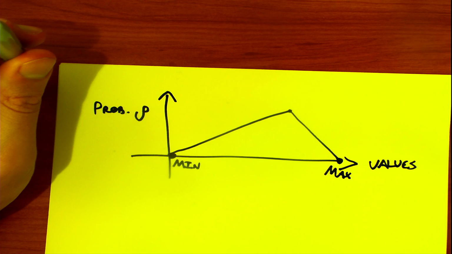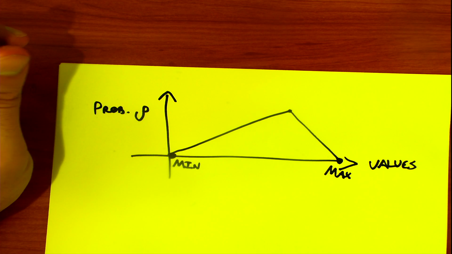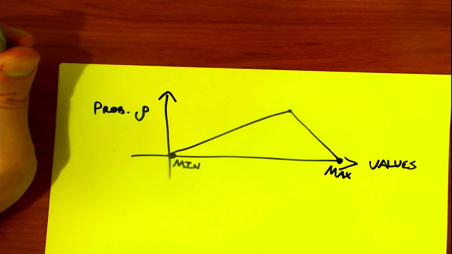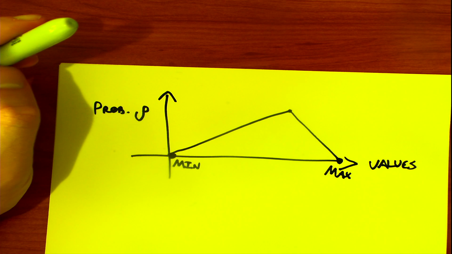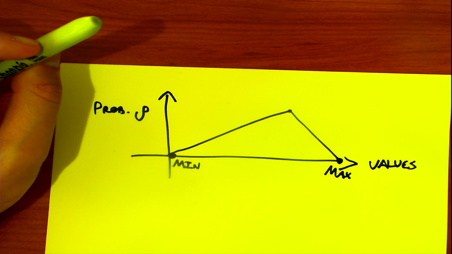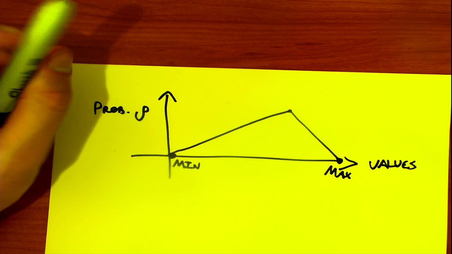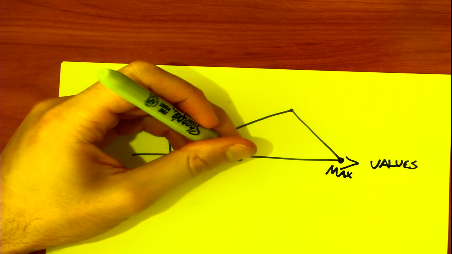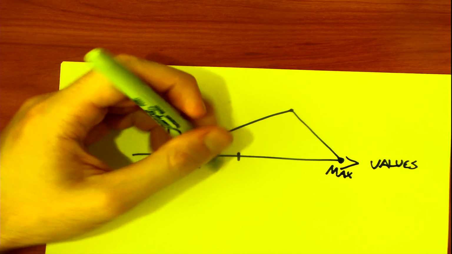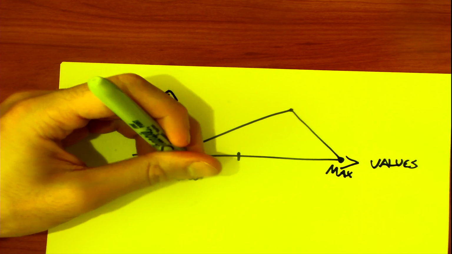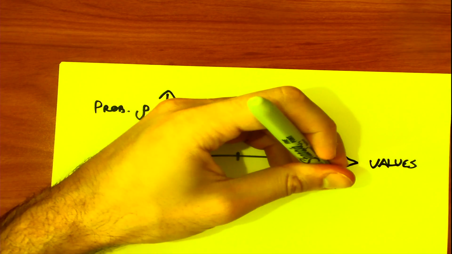So, how would I find the probability of getting a value between one number and another? Say your min is 500, max is 1,000.